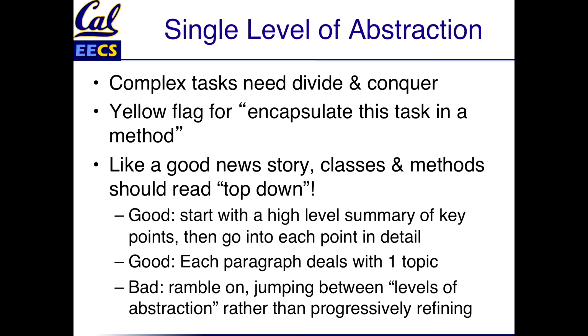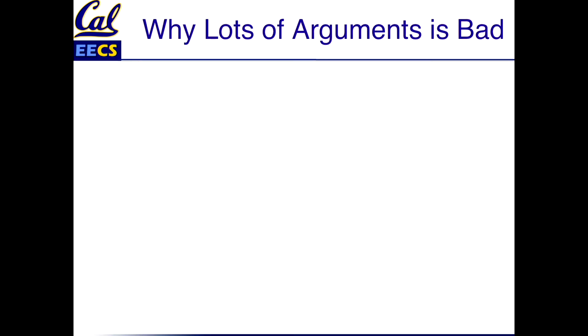If you took an English class or trained to become a reporter, you start off with a good summary, and then each paragraph goes into points in more detail, with exactly one topic per paragraph, as opposed to the rambling style where it jumps back and forth between lots of ideas. So this single level method is orchestrating everything that's going on. That's one of the goals of a single level of abstraction.